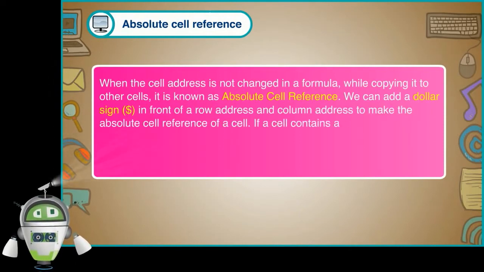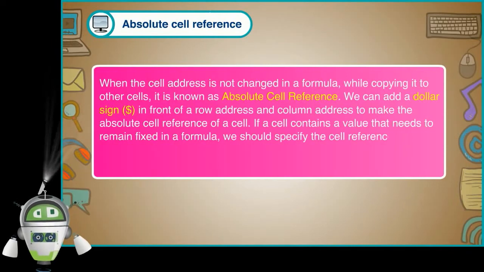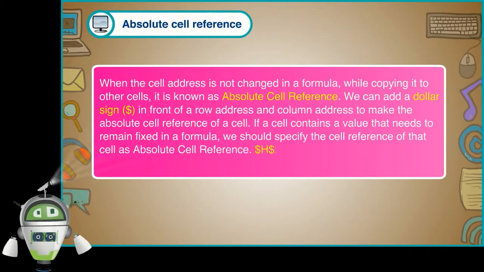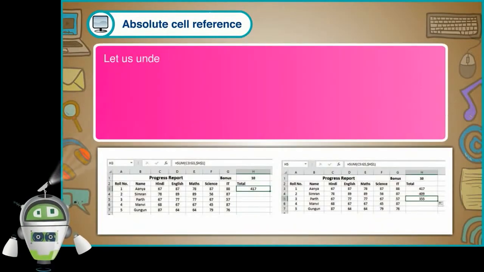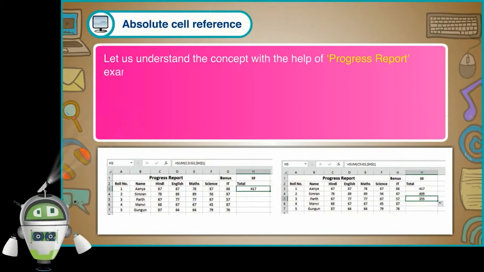If a cell contains a value that needs to remain fixed in a formula, we should specify the cell reference of that cell as absolute cell reference. $H$2 and $A$4 are some examples of absolute cell references. Let us now understand the concept with the help of the Progress Report example.